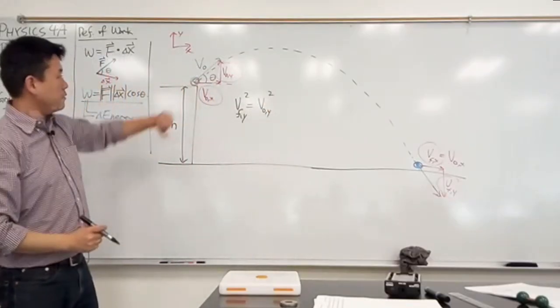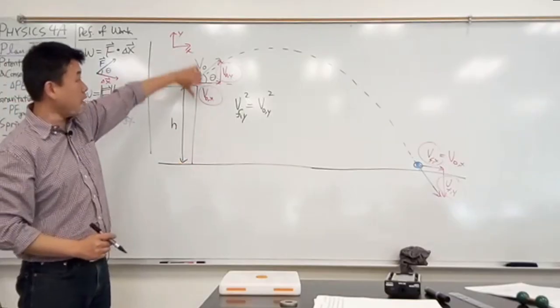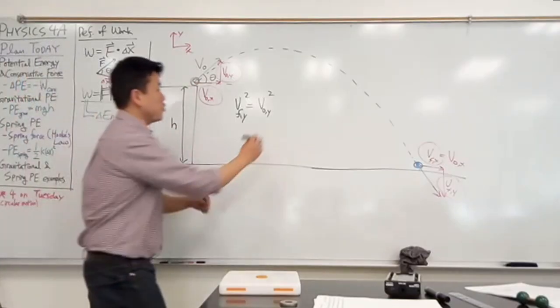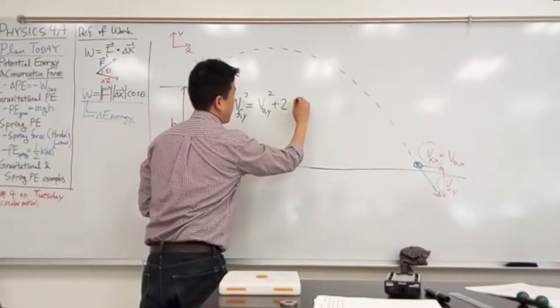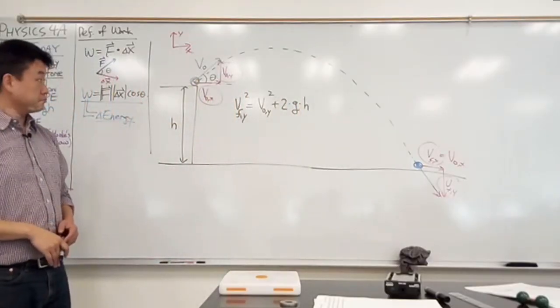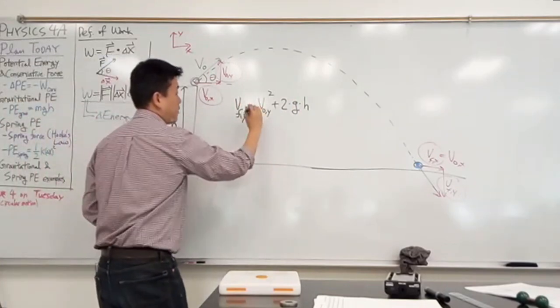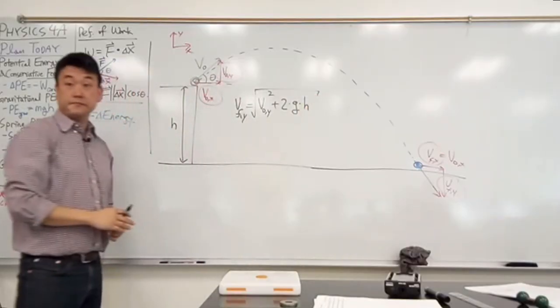Now I have to be careful. Displacement is downward. Gravitational acceleration is also downward. Oh, so it's going to be positive, plus 2 times g times h. Good? All right, so that's my v final y. If I want just the component, then it'll be the square root of all of this.